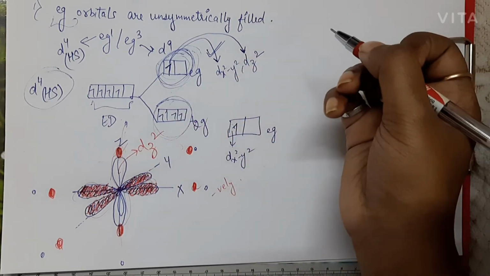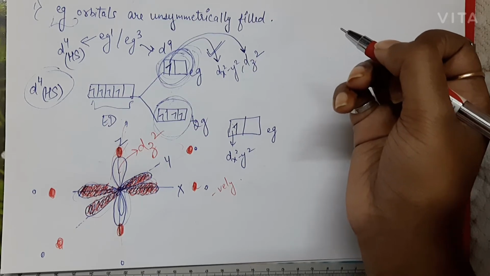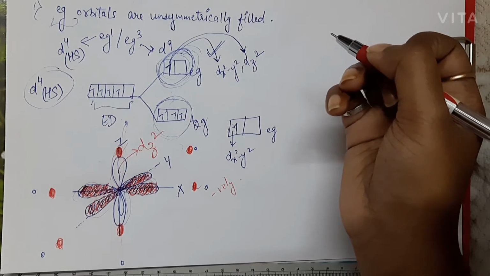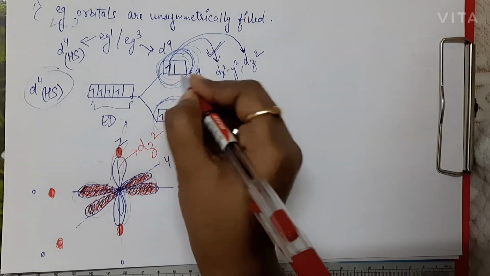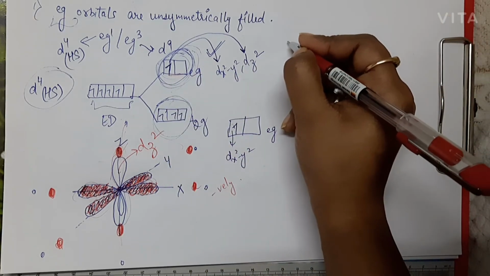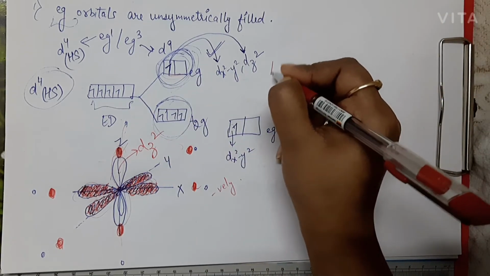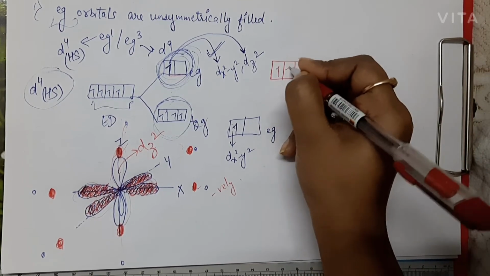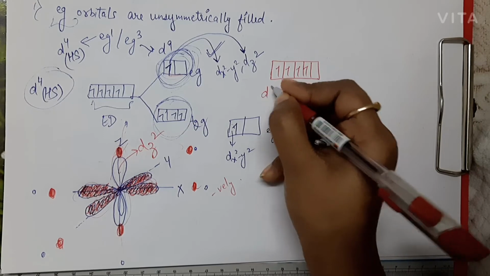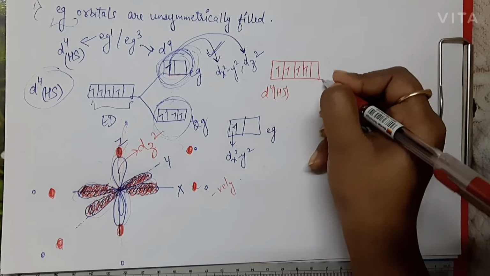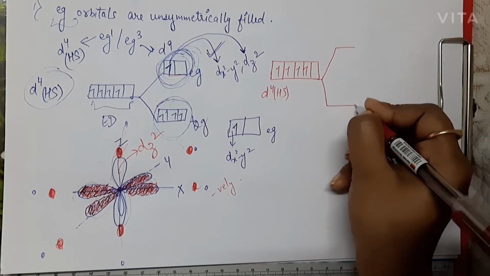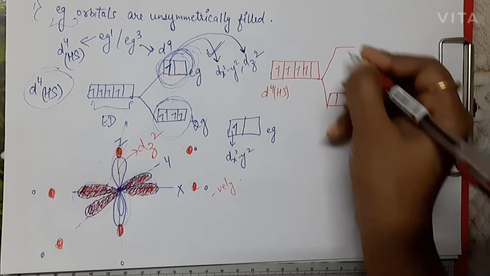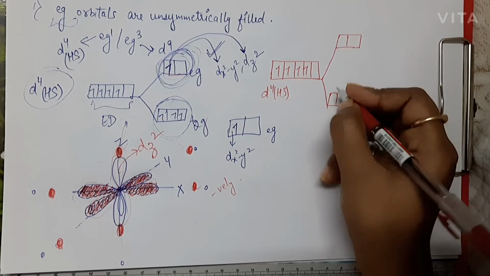So the energy of dz square is increased. If I draw this again, this was a d4 configuration, d4 high spin, right? It undergoes splitting like this to remove the electronic degeneracy.